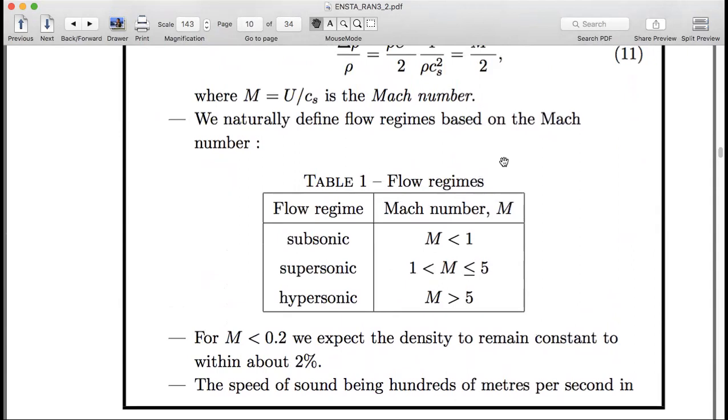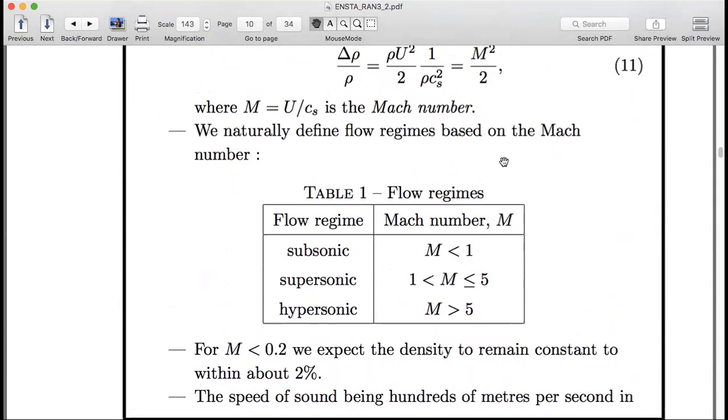It's about 340 meters per second for air, and much faster for water. I think it's at least 1500 meters per second, if not 1700 meters per second, in seawater.